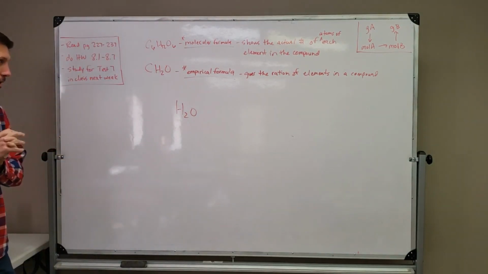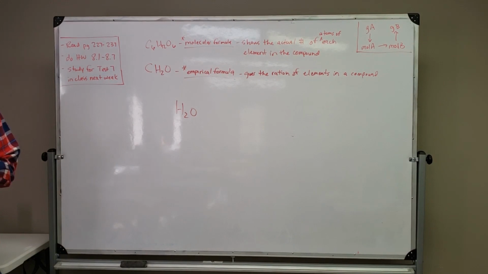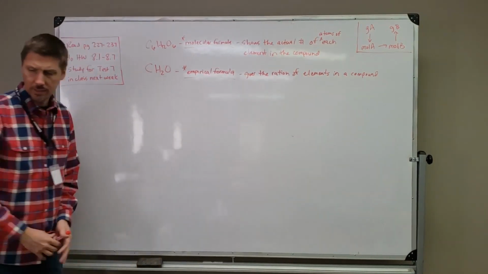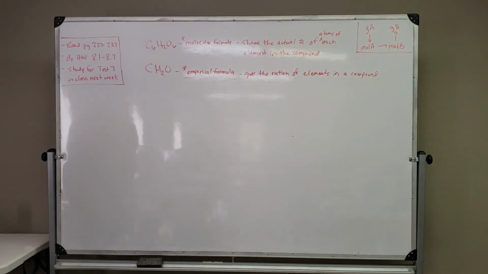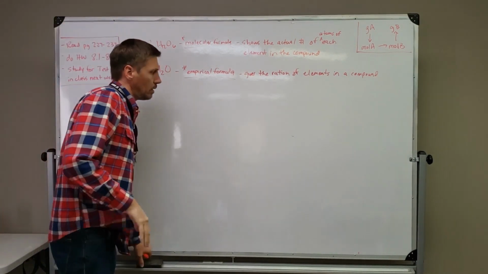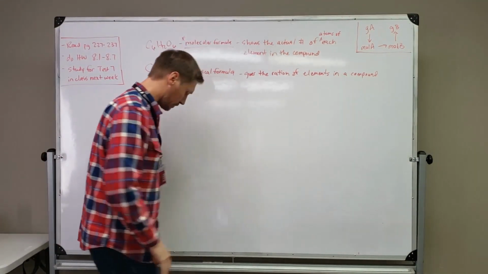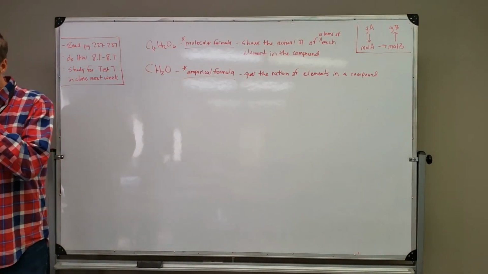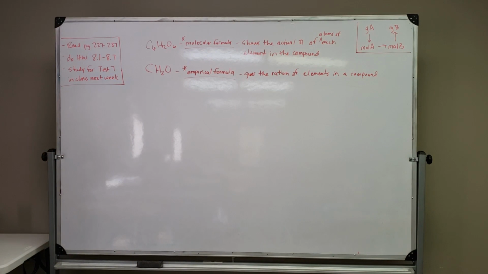Okay. Let's see. I want to do an example, but I first want to show you a diagram on page 234. If you look on page 234 in your book, I just want you to see that ionic compounds always have the empirical formula for their chemical formulas.